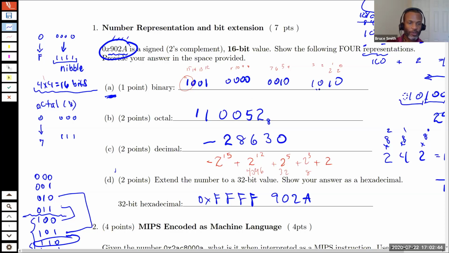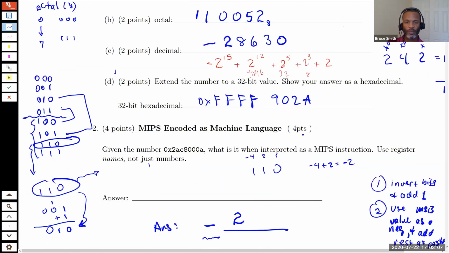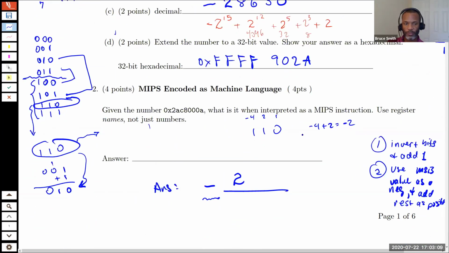And from here, you'll say, okay, I remember the pattern. It's going to be a group of 3, a group of 3, a group of 3. You're going to say, oh, is it negative or positive? You know that it's negative. You have a couple of different ways of converting it. And then you're asked to turn it into a hexadecimal 32-bit. Just look at the most significant bit and decide how to copy that forward. And you'll see multiple examples. So do a couple of those and it'll start to flow pretty quickly.